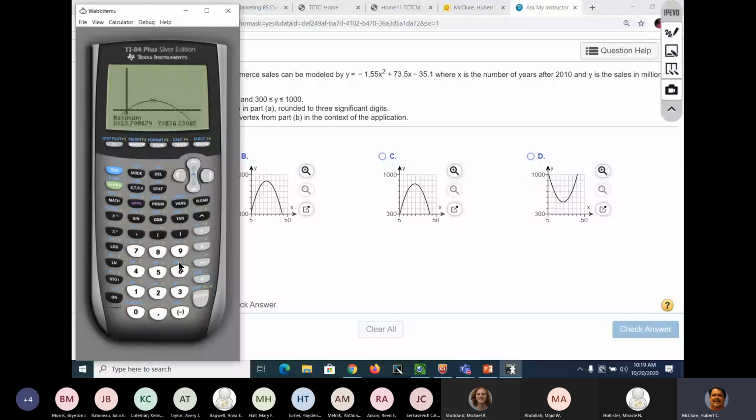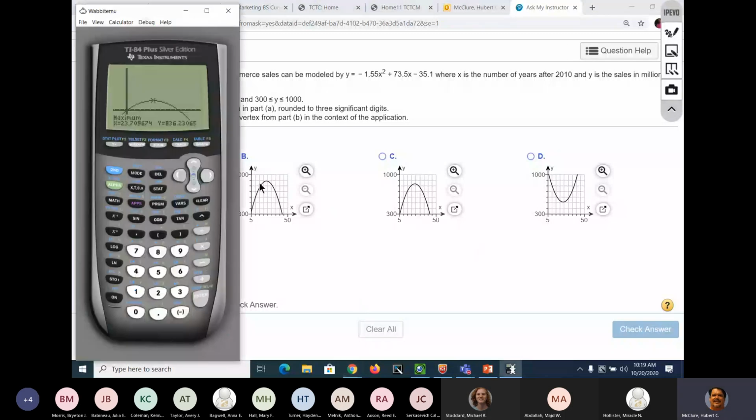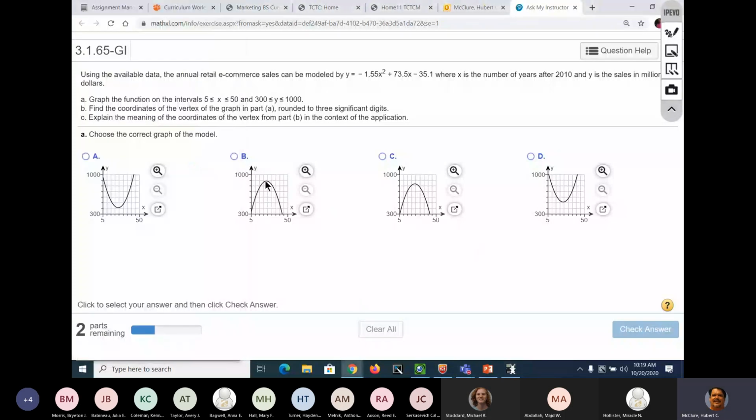Okay, and it's not D, and it's not A, so chances are it's one of these two. Now, my vertex says 836. Well, that's a little bit close to 900 right there, and this one looks better.